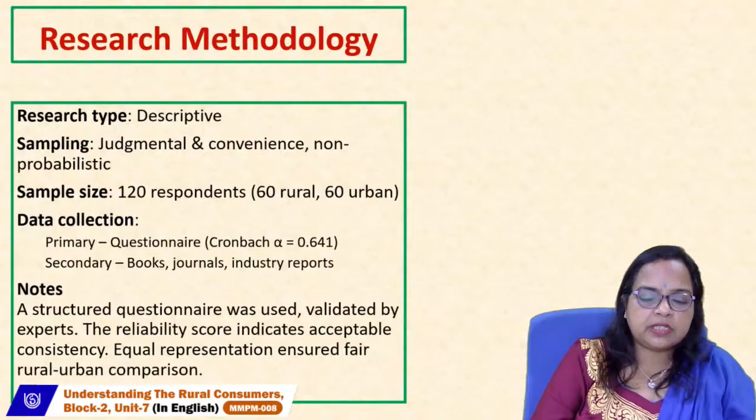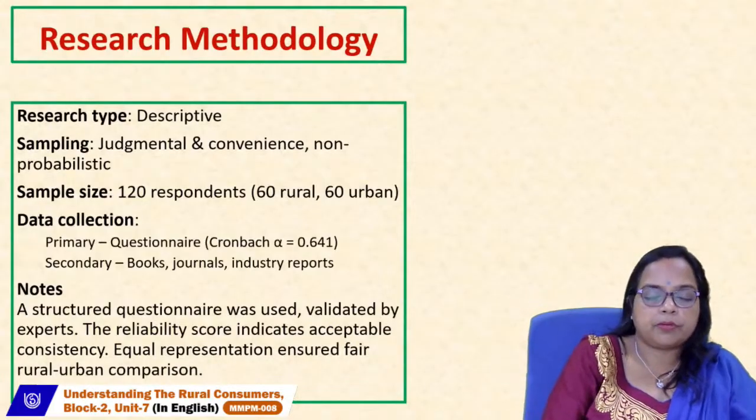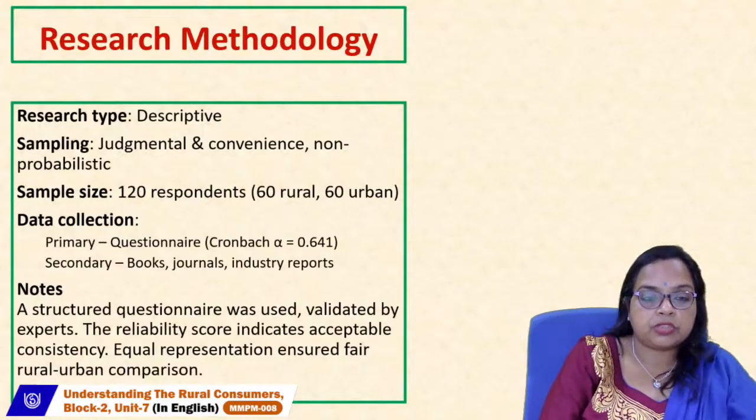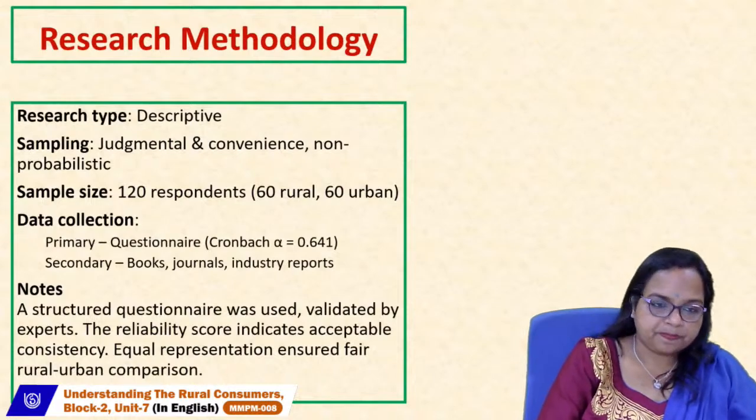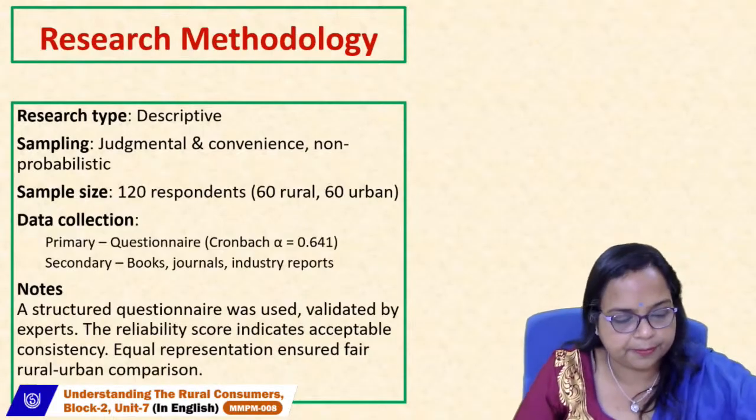It is non-probabilistic; you are not making any statistical decision or basing the sampling on any probability. For this case, the sample size is 120 respondents, 60 from the rural background and 60 from the urban background.